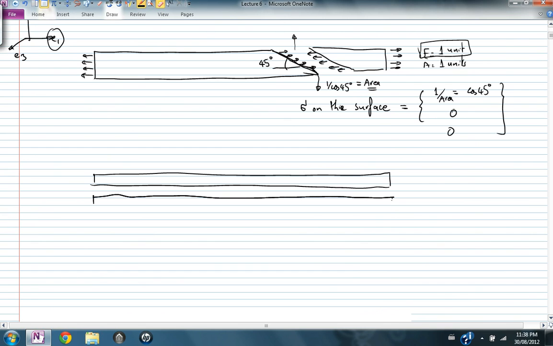And I'm going to look at the forces that are acting in between those two planes.